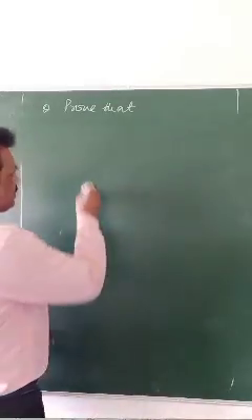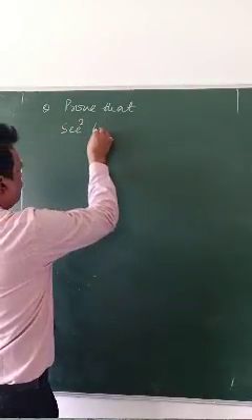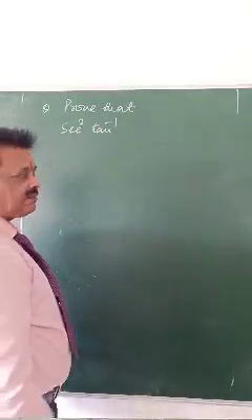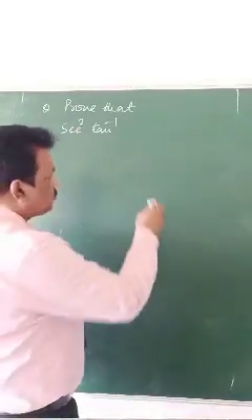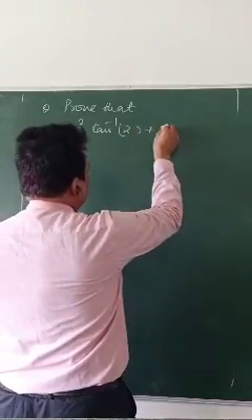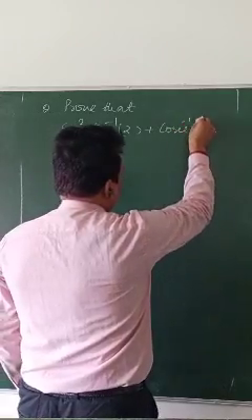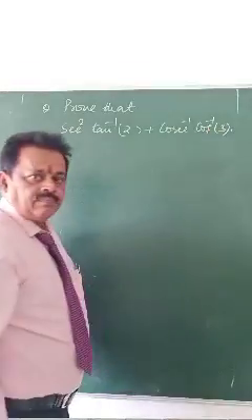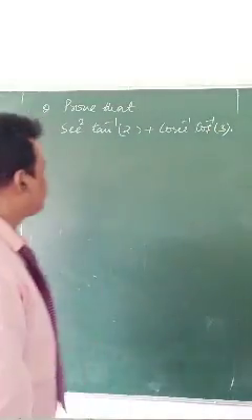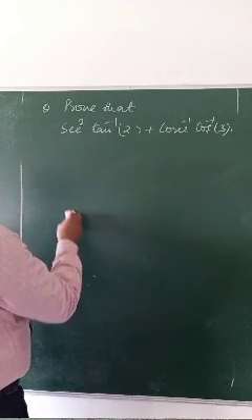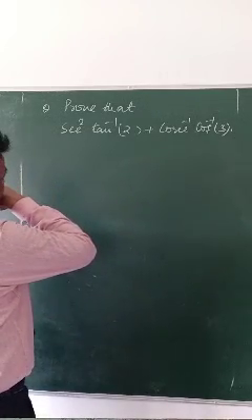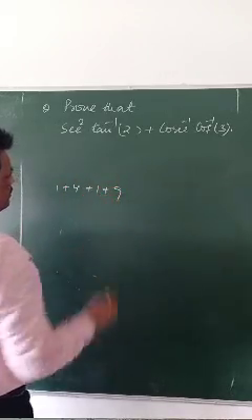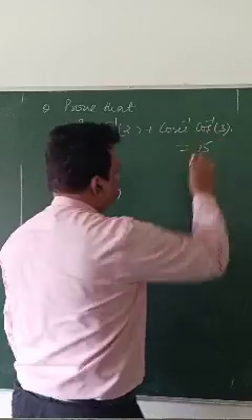Prove that sec square tan inverse 2 plus cosec square cot inverse 3 equals 15. You have to prove it.